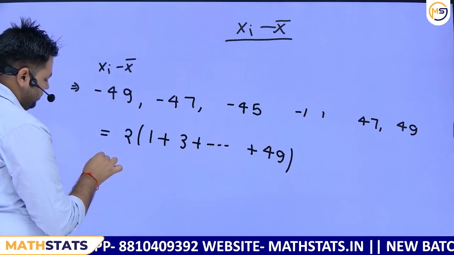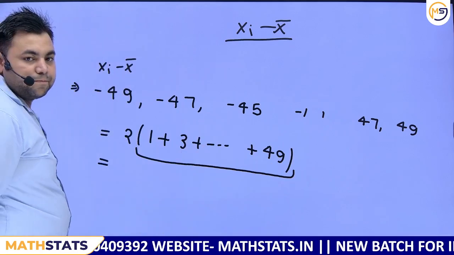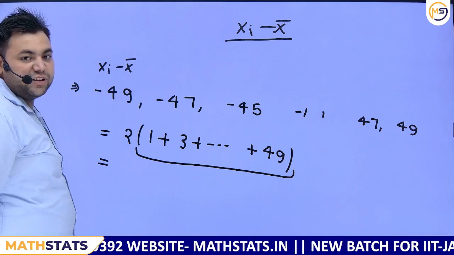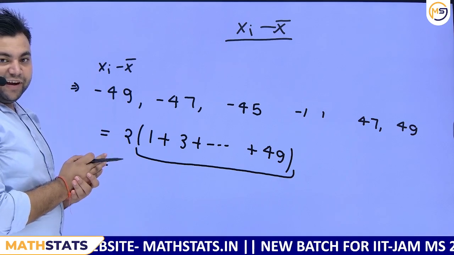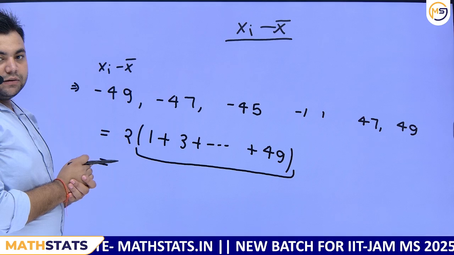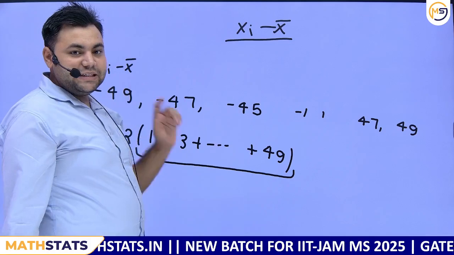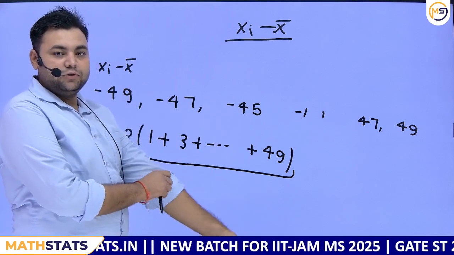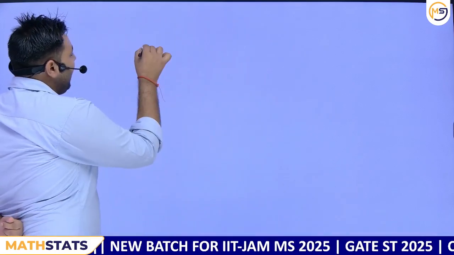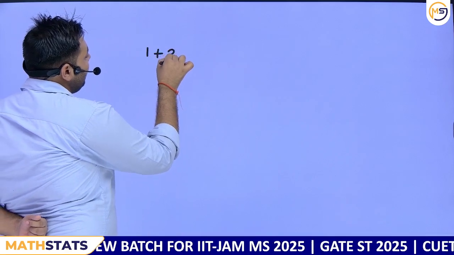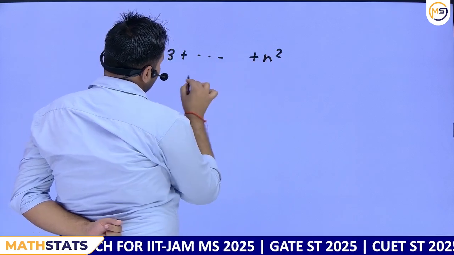So what is the summation of this series, 1 plus 3 plus and so on up to 49? 25 square. Yes, now how many terms are here? 25 terms. And remember, if I add the first n natural odd numbers, this is equal to n square.